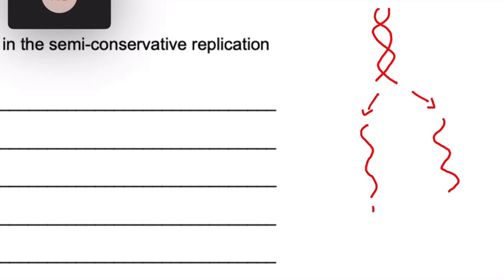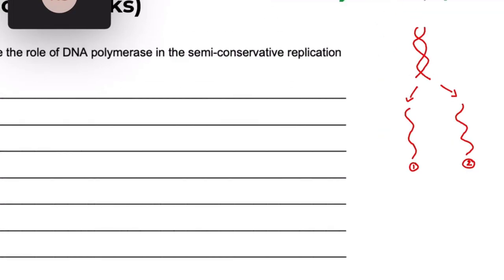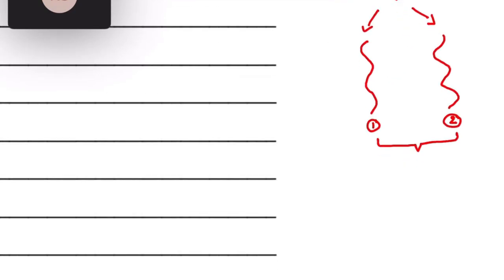So we've got strand 1 and strand 2, and then we've got enzymes: DNA helicase and DNA polymerase. And then we've got the free-floating adjacent nucleotides, which are attracted to these template strands. Remember, these are template strands of DNA.